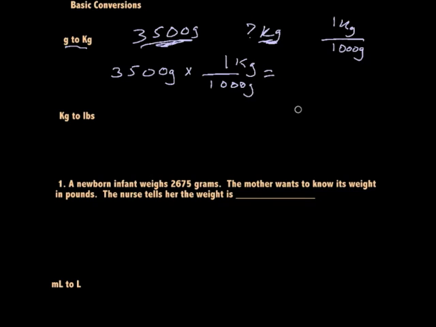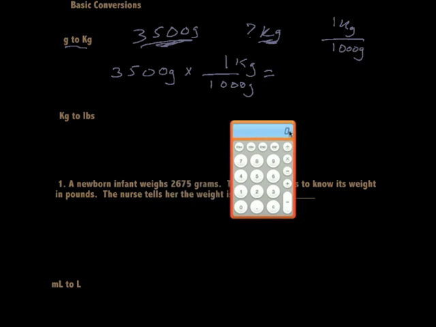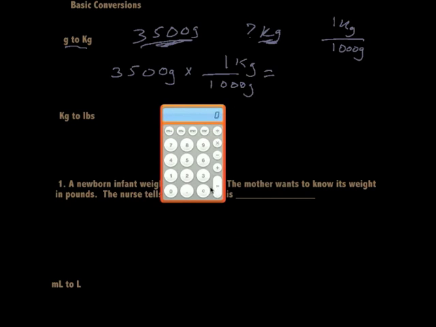Alright, so basically what you do now is you just plug it into your calculator. You pull up my single one-function calculator that Cox College requires you to have. So you've got 3,500 times 1. You don't actually have to do this times 1, but I'm doing it just to show fluency. Divided by 1,000.